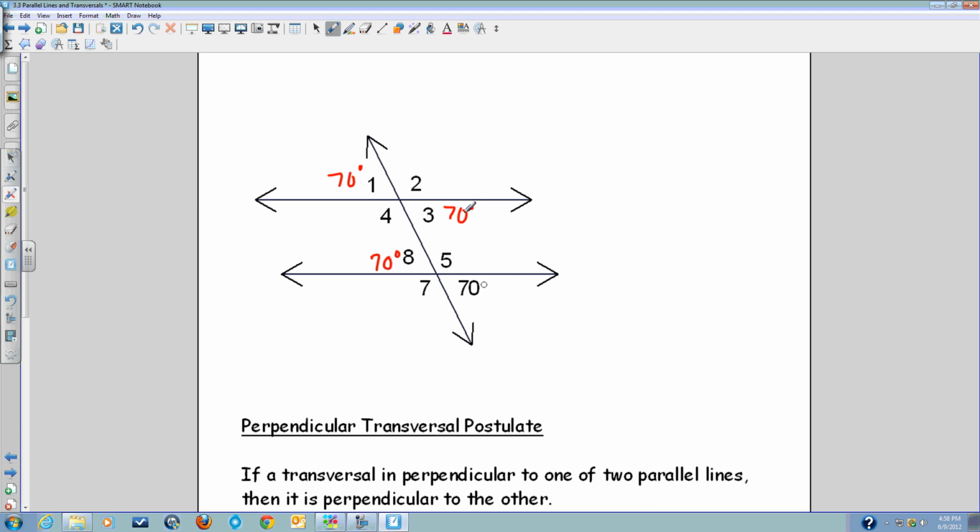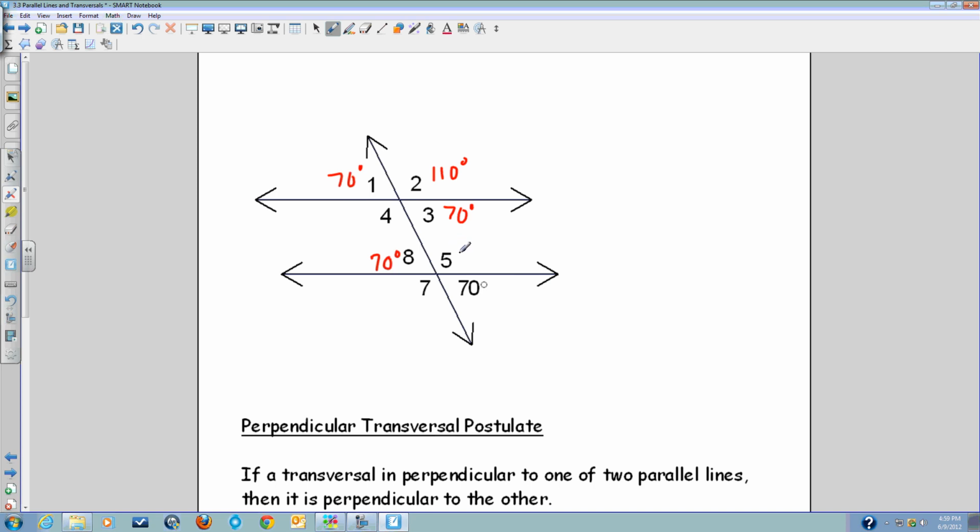Let's see what else we have here. We know that angles 1 and 2 are a linear pair, so they would have to add up to 180 degrees. Since angle 1 is 70 degrees, angle 2 would have to be 110. Another way of looking at this, we could also look at angle 3 and angle 5.